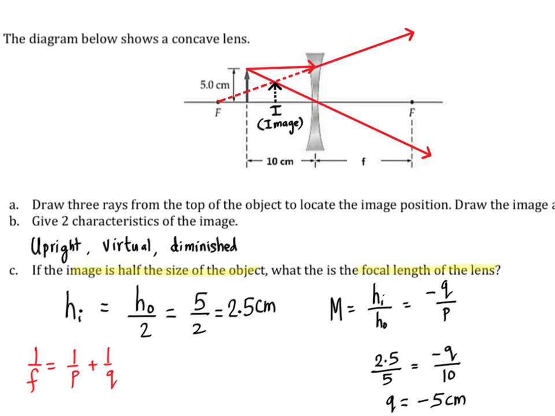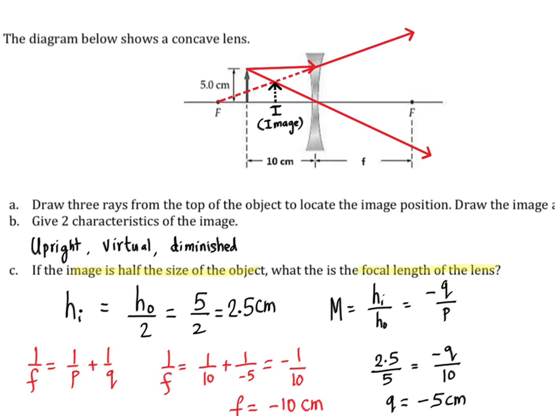I put it in the thin lens formula and get the value for 1 over f as negative 1 over 10. Now what I've done here is, instead of using shift solve, I use the calculator using fraction to find what is 1 over 10 plus 1 over minus 5. I get the answer on my calculator as negative 1 over 10, which I need to flip because that's 1 over f.